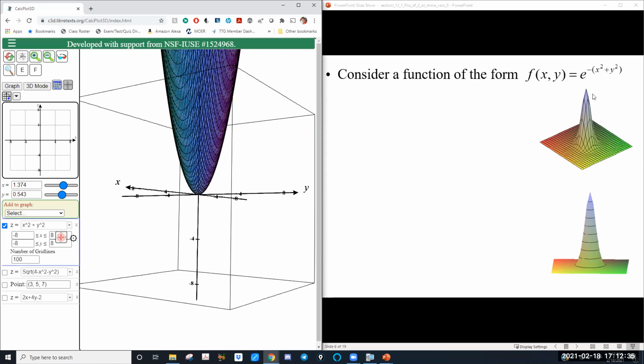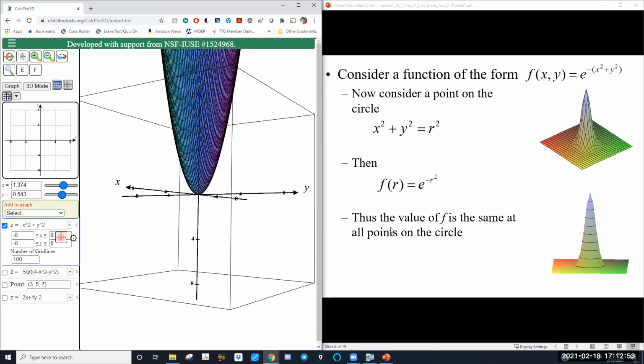Something to notice about those is they have what we call circular symmetry, because we can think of that x squared plus y squared as equaling r squared. If you remember, this is very similar to polar. It simplifies our formula because the value of the function is the same at any point on one of these circles.